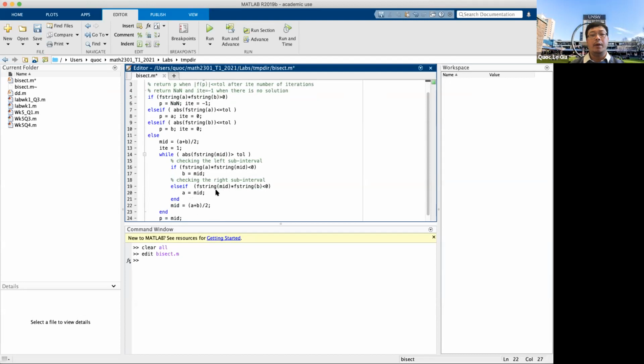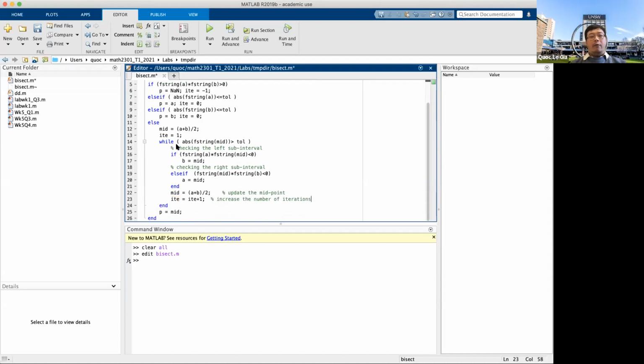So now you update the midpoint, because we updated the intervals already. And do not forget to increase the number of iterations, because every time we compute the midpoint, we increase the number of iterations. Okay.